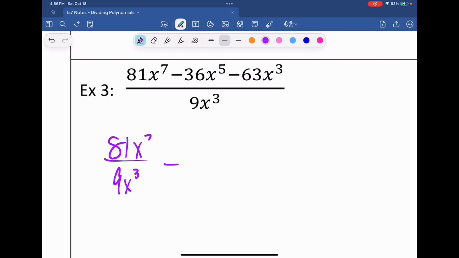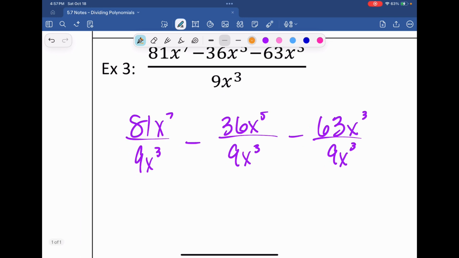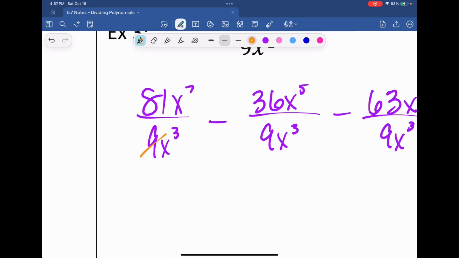It's minus, and then simplify each fraction. 9 goes into 81, 9 times. Subtract your exponents here. 3 is smaller than 7.